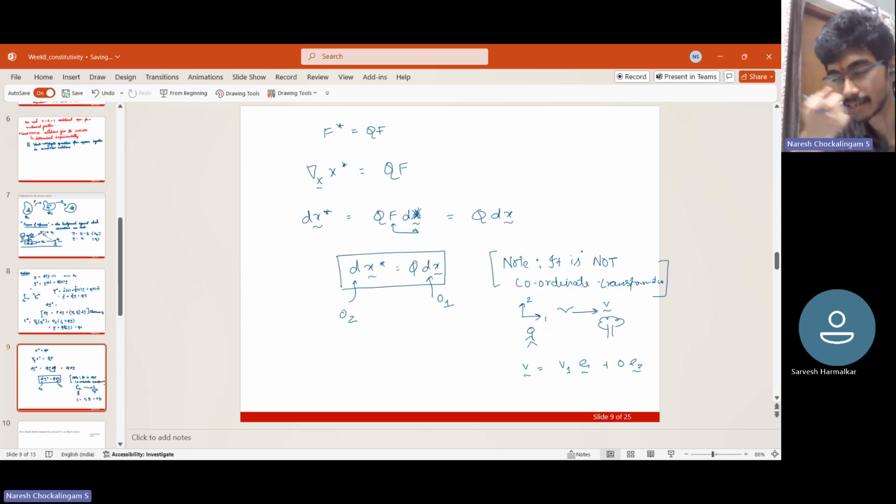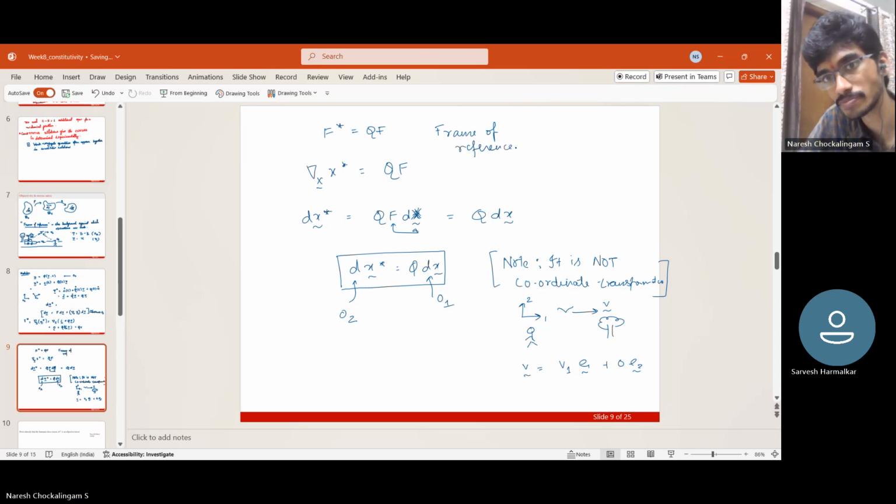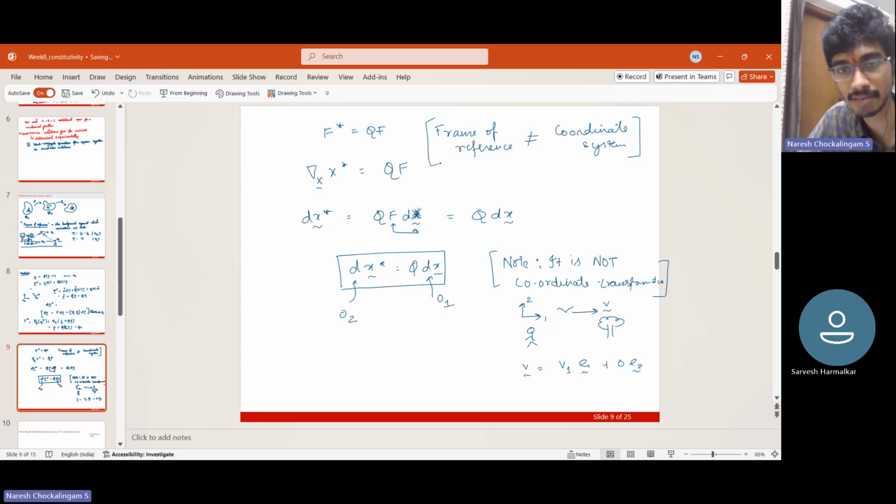They are mathematical quantities that are not dependent on the coordinate system, but he uses a coordinate system to make the measurements. But the measurements are made against a background, which is the frame of reference. So what I would like to emphasize here is that a frame of reference is not the same as a coordinate system. The frame of reference is the background against which we are making measurements, for which there is no choice for a given observer. But in that frame of reference, we can use any coordinate system.